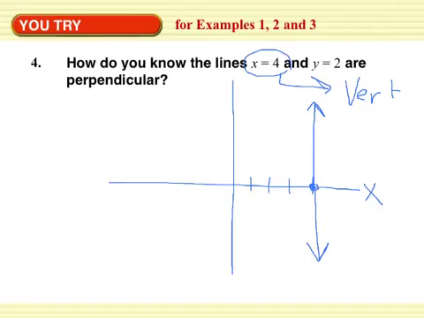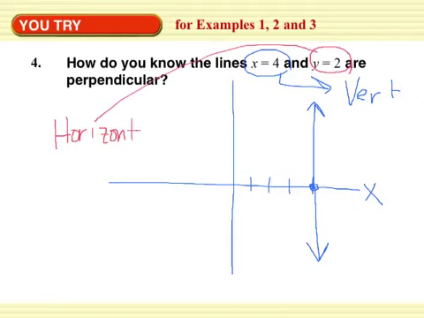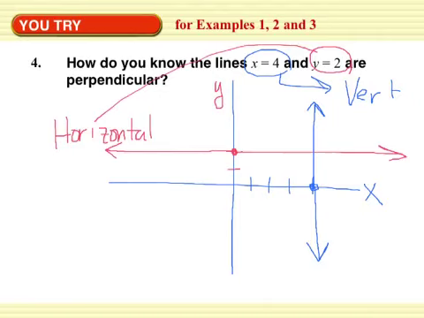The line y equals 2 is horizontal. 1, 2, this is y. The y-axis, y equals 2. And I can draw a line straight across.